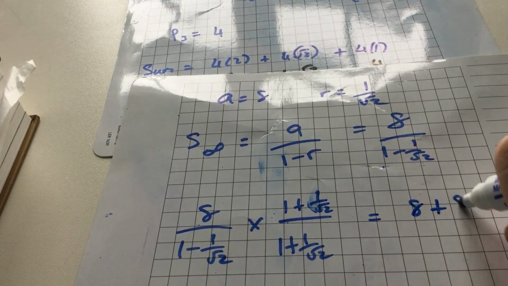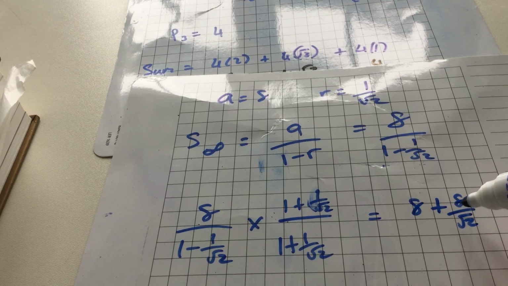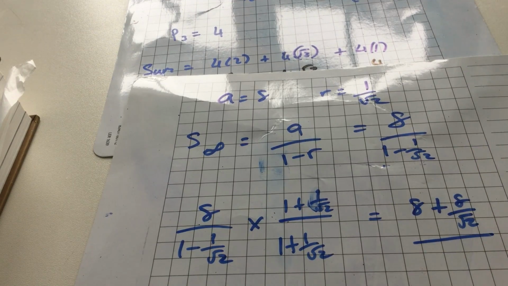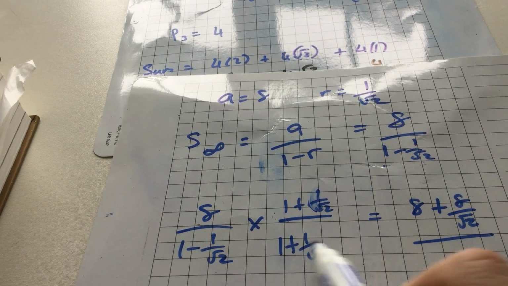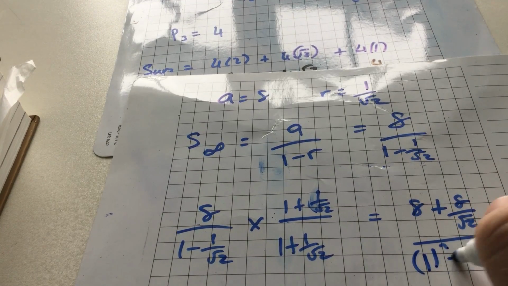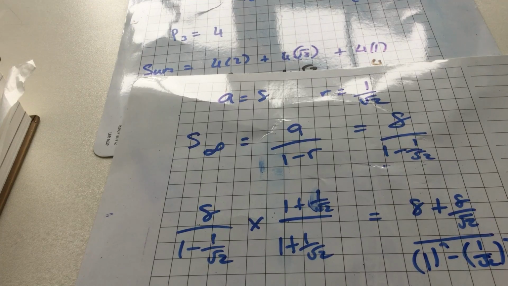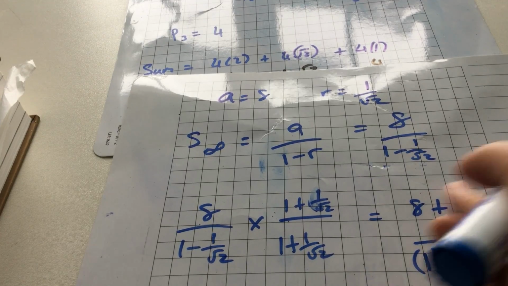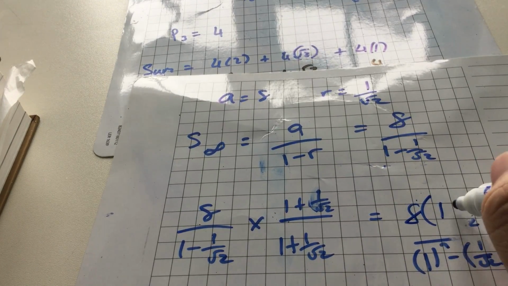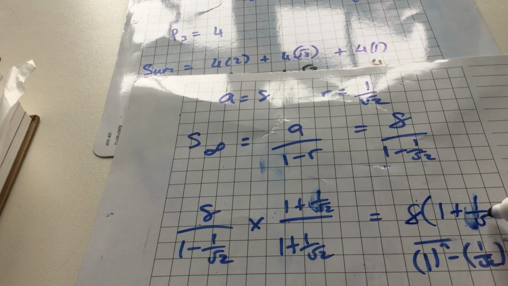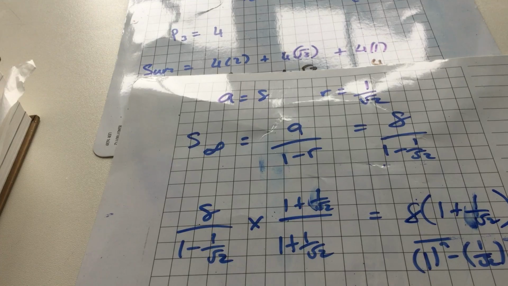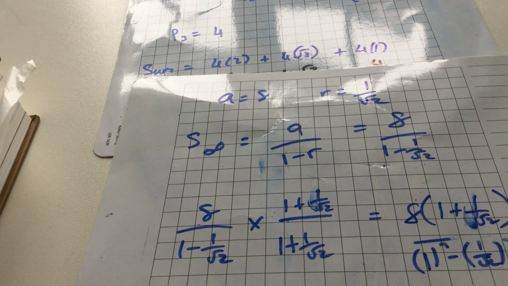So I get 8 plus 8 over root 2 over, this becomes a difference of 2 squares, so it's 1 squared minus 1 over root 2 squared. So I get 8, and I'm going to leave that as a product because that makes life easier. 8, 1 plus 1 over root 2 over 1 minus a half.